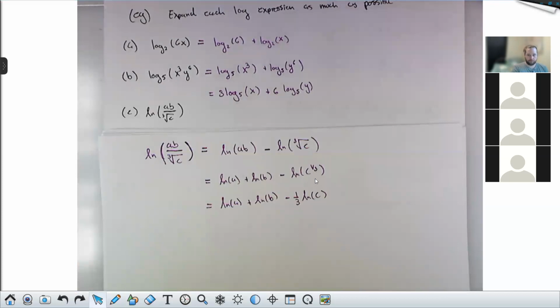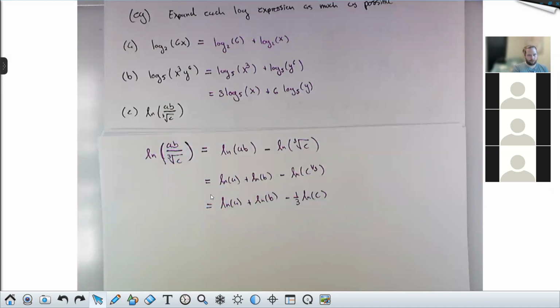And a neat trick, if you're looking at your expanded version and wondering, is this correct? One worthwhile check is to ask, did all the terms from upstairs end up positive and all the terms from downstairs end up negative? Everything that's downstairs inside the log should end up with a negative term when you expand that log.